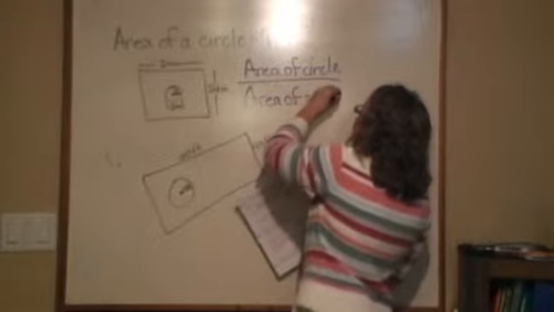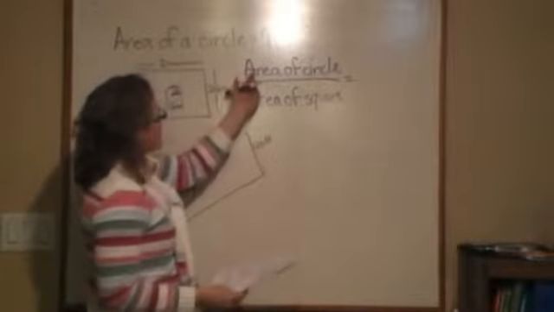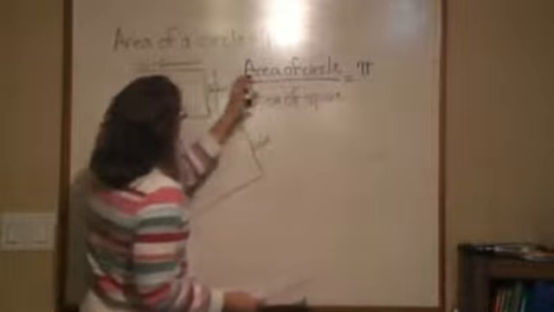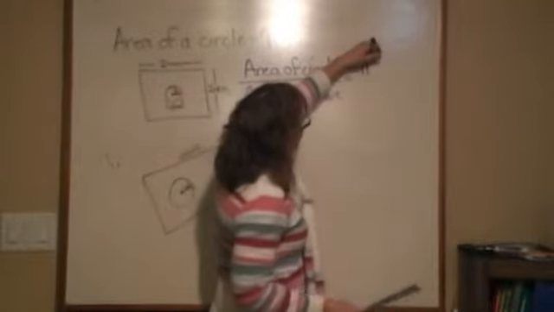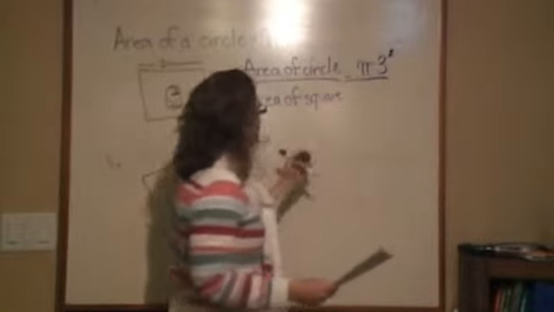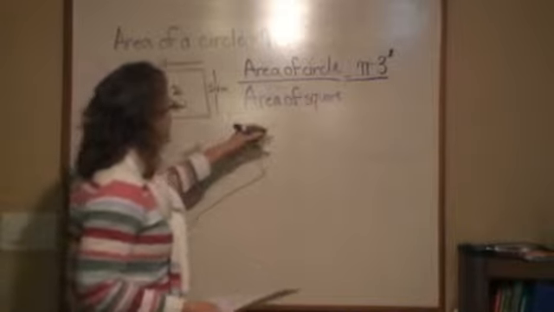All right? So to do that, we already discussed that the area of a circle is pi r squared. Pi, and the radius of this circle is 3. Pi times 3 squared over the area of the square, which would be 24 inches times 24 inches.